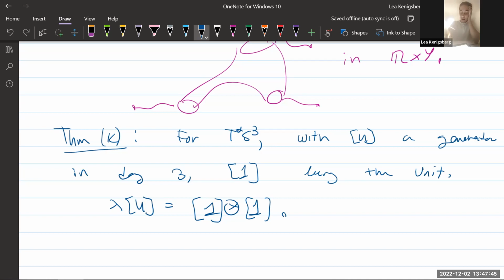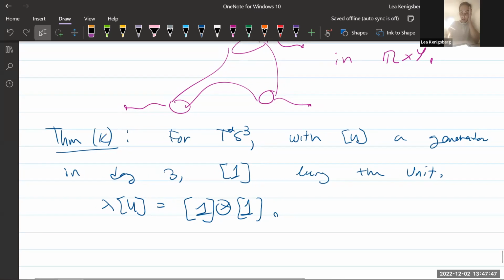And so this tells you that, if you remember the other secondary coproducts, you mod out by constant orbits, but this coproduct actually can remember the constant orbits.